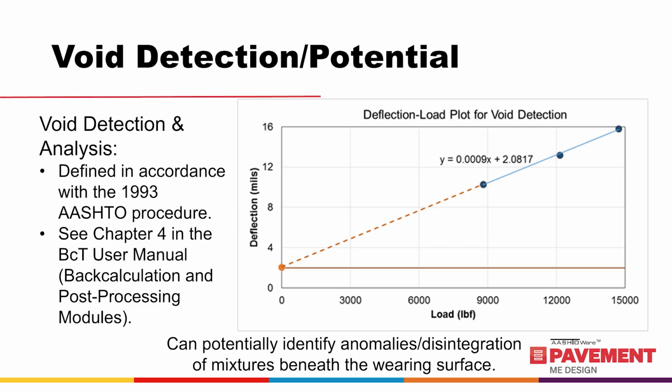Positive values above a certain magnitude suggest potential voids beneath the PCC layer. However, this variable can be used to visually determine how the loss of support variable changes along the segment. Positive and negative values can suggest anomalies or disintegration of mixtures or materials beneath the wearing surface.